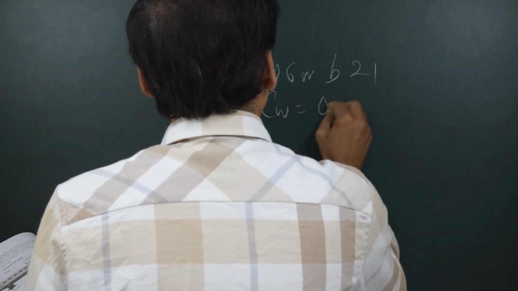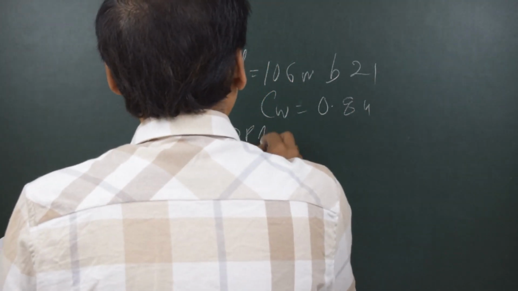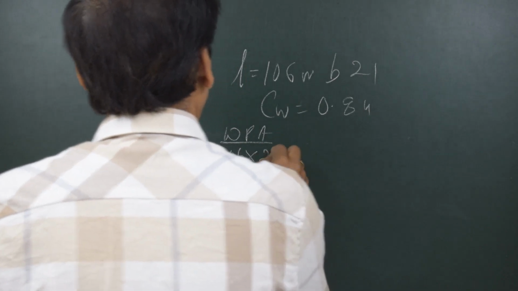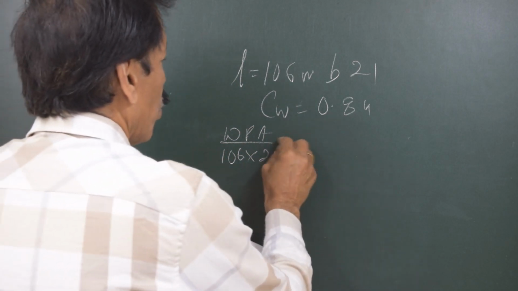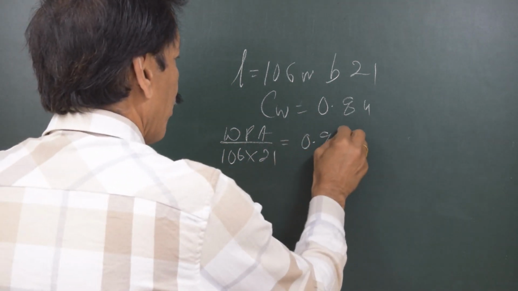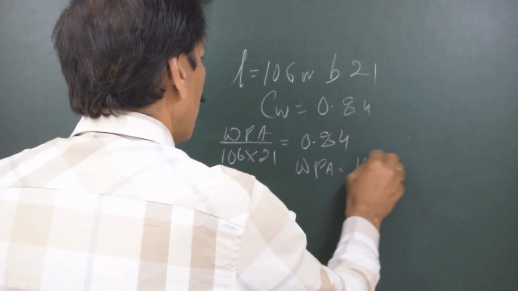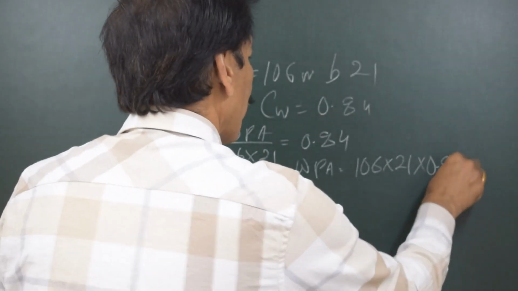CW is equal to 0.84. So very easy, water plane area divided by L into B, 106 into 21, should be equal to 0.84. So water plane area is equal to 106 into 21 into 0.84.